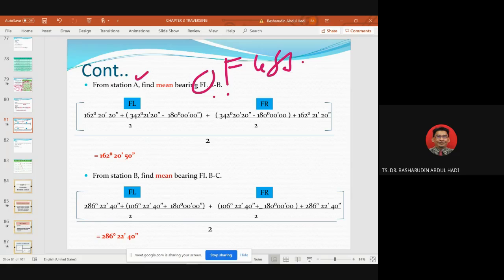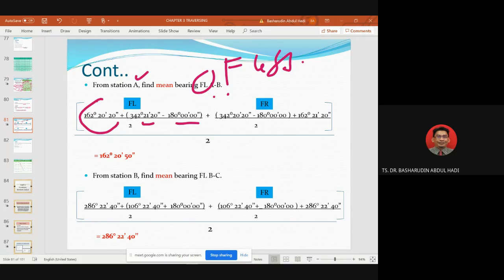Remember that 162 degree 20 minute 20 second, we plus, in bracket, 342 degree 21 minute 20 second minus 180 degree 0 minute 0 second. Why do we minus 180 degree 0 minute 0 second?